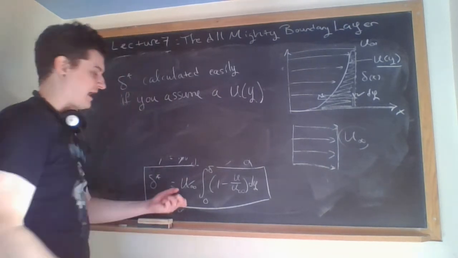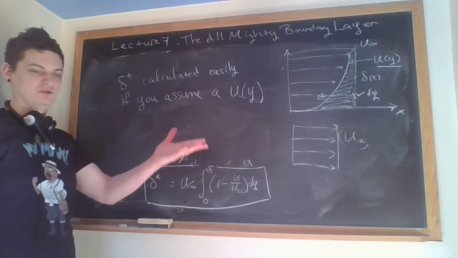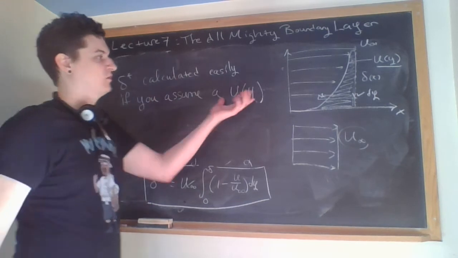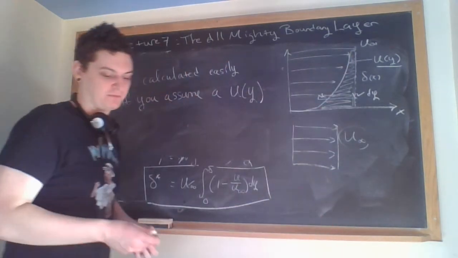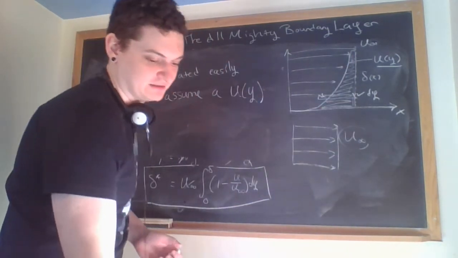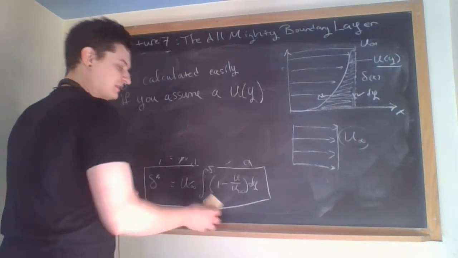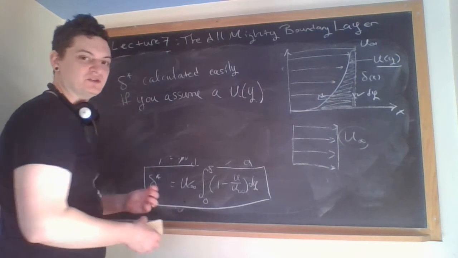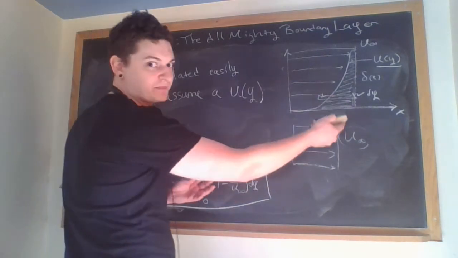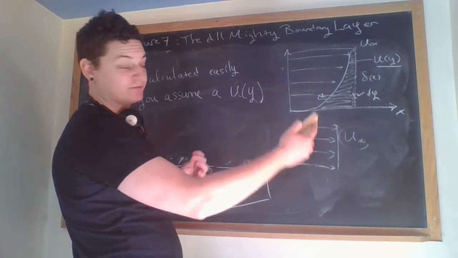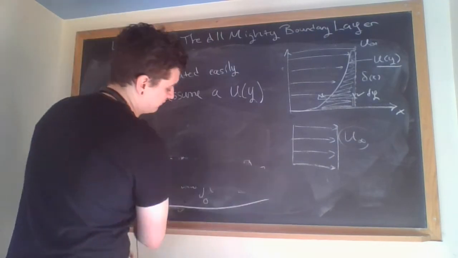This isn't that bad if you just assume the function before you solve those complex equations. You should appreciate that. Mathematically, it's a nice term because you can just approximate your boundary layer by assuming a functional form and get that bad boy real quickly.